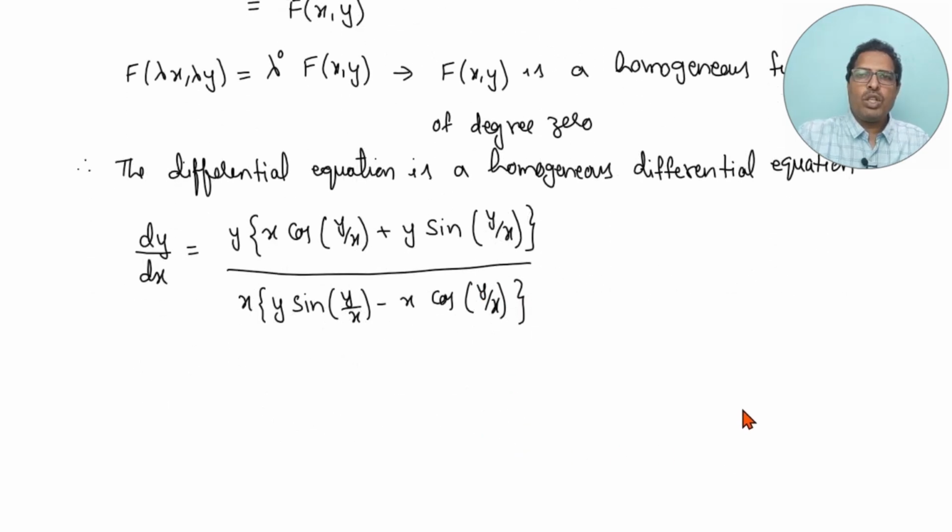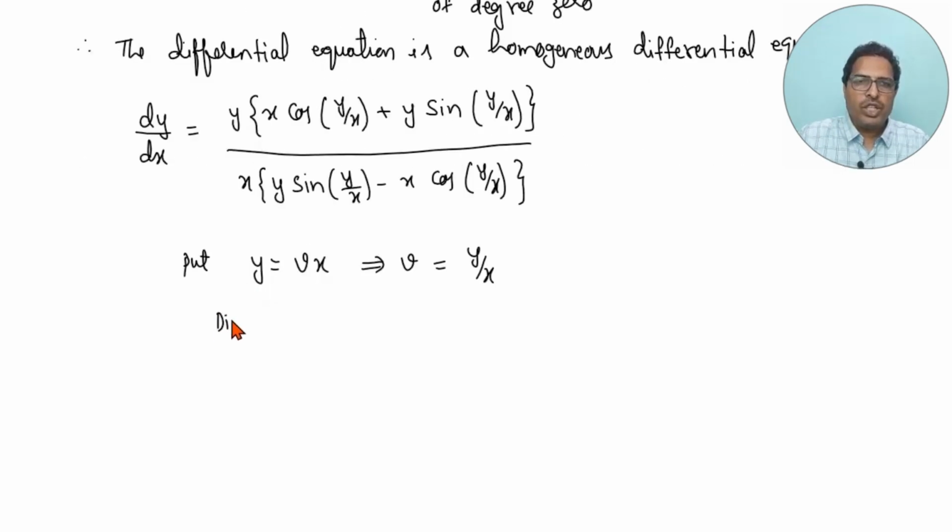If you want to solve this homogeneous differential equation, we have to put y equal to v times x. To find the value of v, just cross multiply x to the other side, and you get y by x, and this y by x will be v.